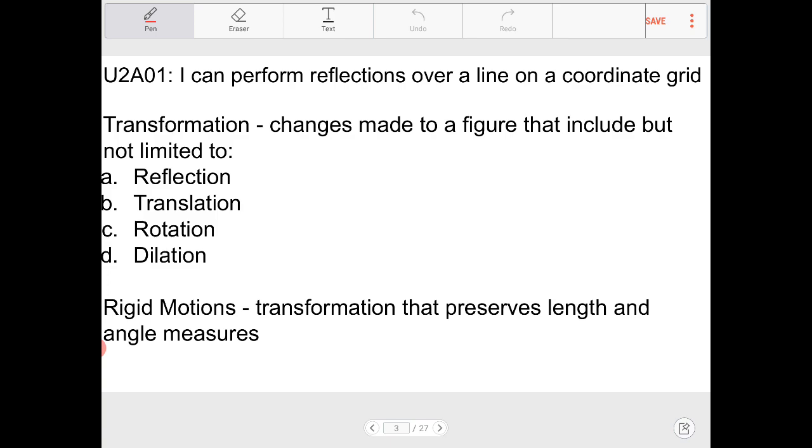So let's just think about this. If you have a triangle and we reflect it over to the other side, have all the lengths in this triangle changed? If you're thinking, nope, it hasn't changed, you're absolutely right.